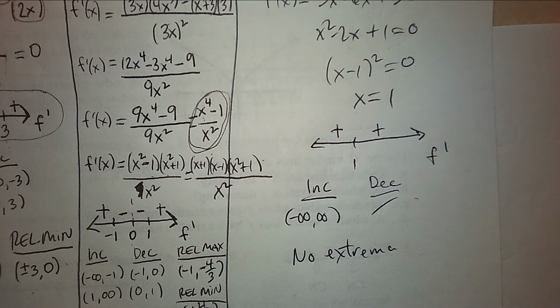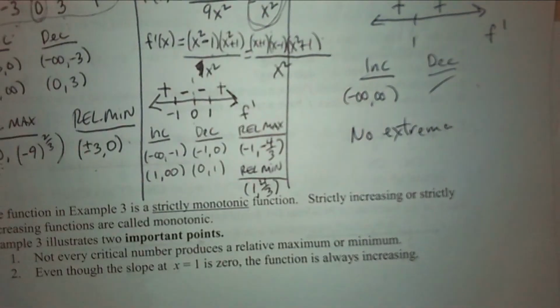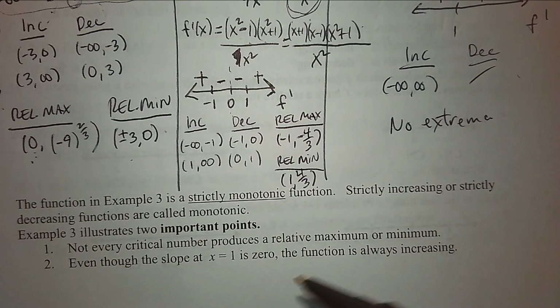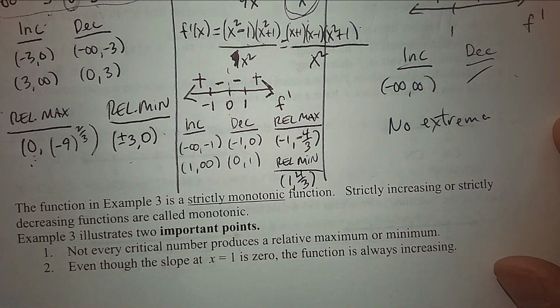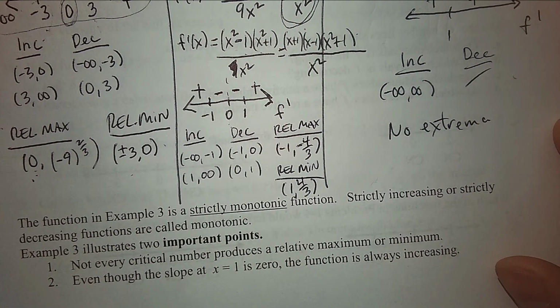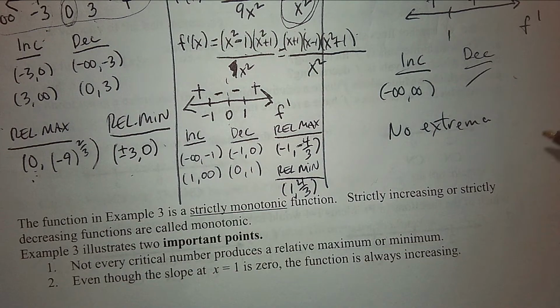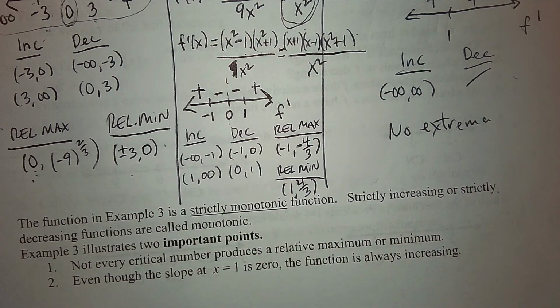Now, if you read at the bottom, it says the function in example number 3 is called strictly monotonic. Do you know what Latin mono means? One. That means that it's either only increasing or only decreasing. So strictly increasing or strictly decreasing functions are called monotonic.